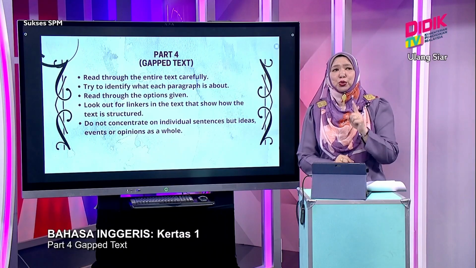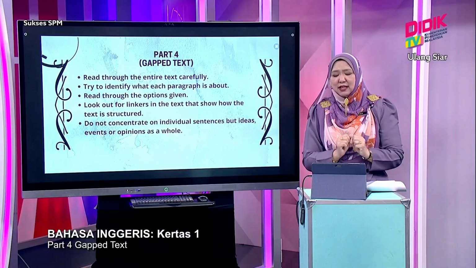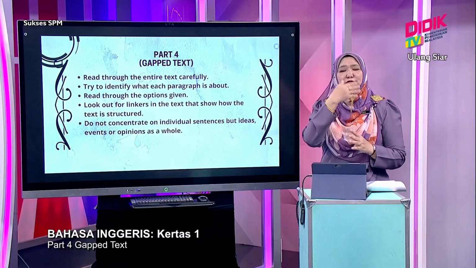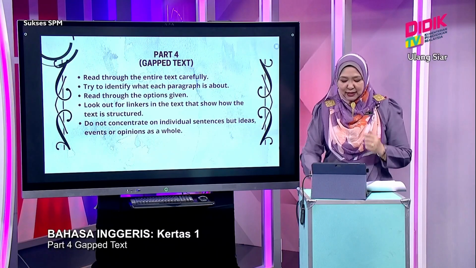Do not concentrate on individual sentences, but on ideas, events, opinions as a whole. So not only concentrating on one single sentence, you have to look at the overall idea to get to the correct answer.